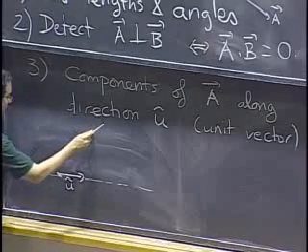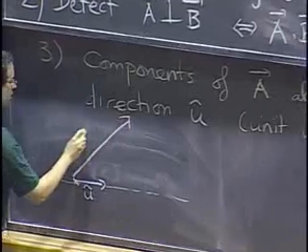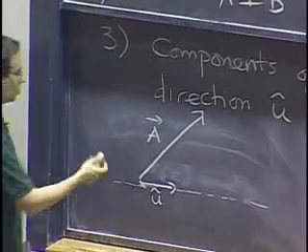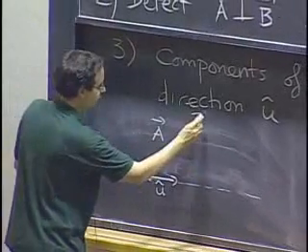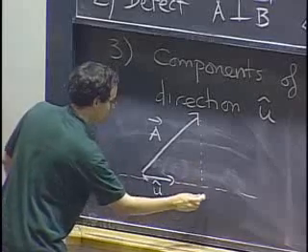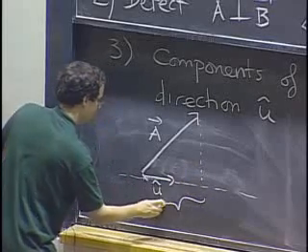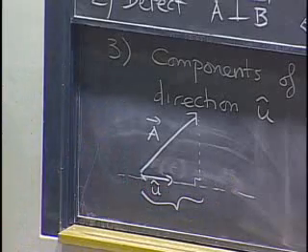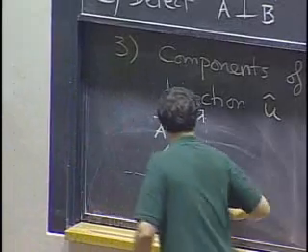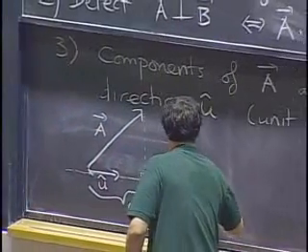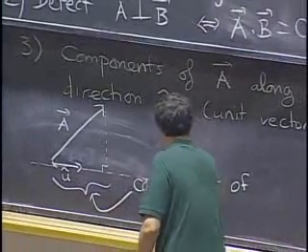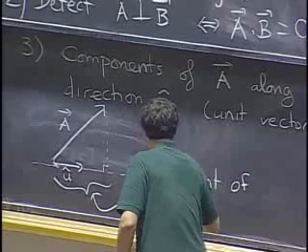Let's say that I have any other vector A, and I want to find out what is the component of A along U. So that means what is the length of this projection of A to the given direction. Okay, so this thing here is the component of A along U.